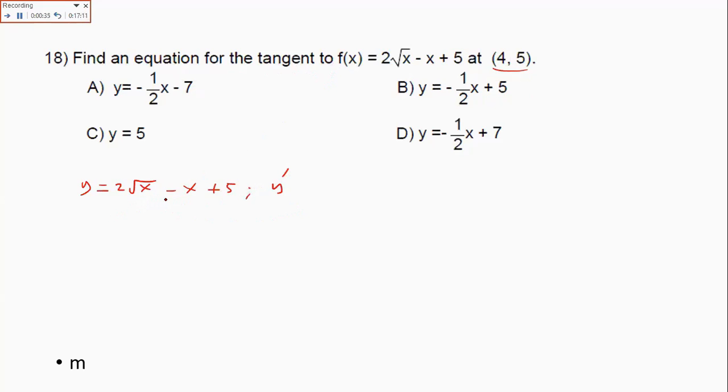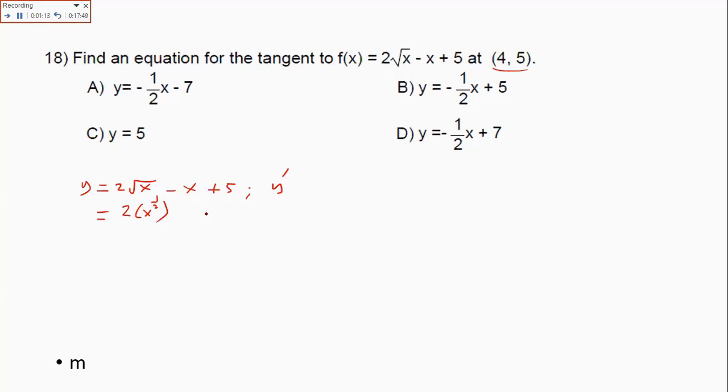We have to find the slope from the equation, right? Okay, and to find the slope from the equation, I'm just going to make it easier for you here. This, you could replace by 2 times x to the power half, right? Yes. Okay, good.